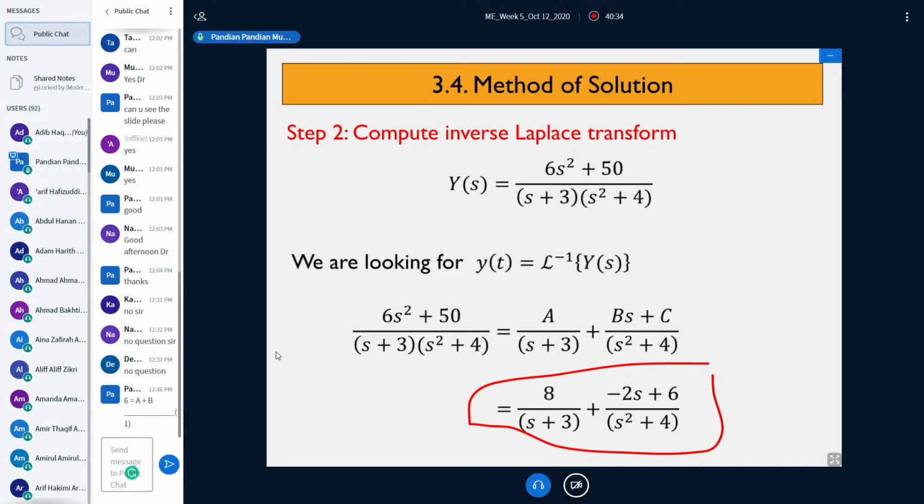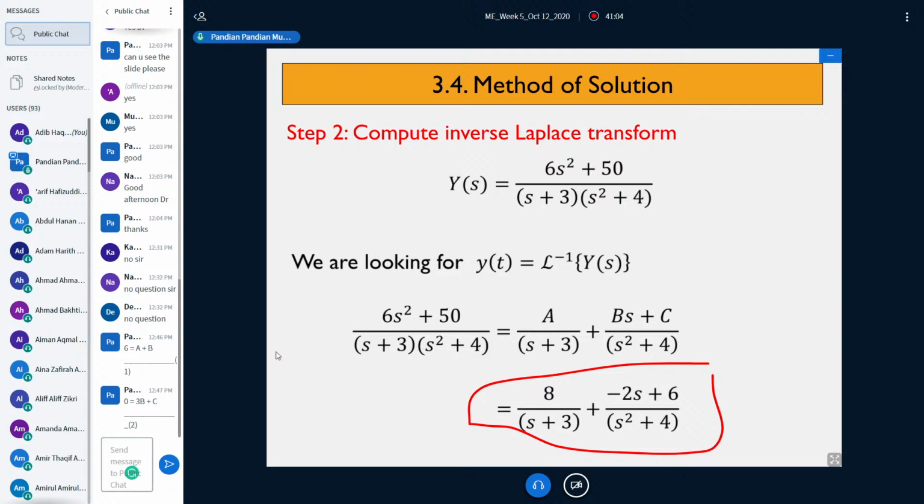So 6 equals A plus B. You will have 3 equations. This is for s squared. Compare left hand side, right hand side for s squared. For s to the power 1, equation 2, you have 0 equals 3B plus C. This one, we call it equation number 2.